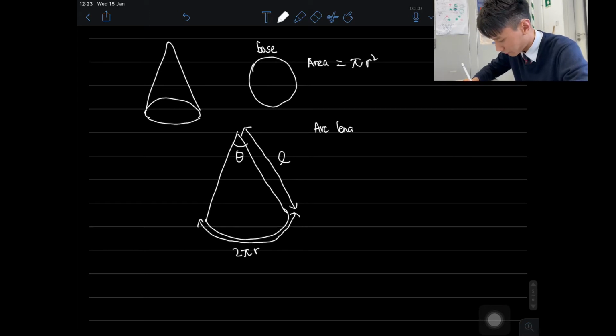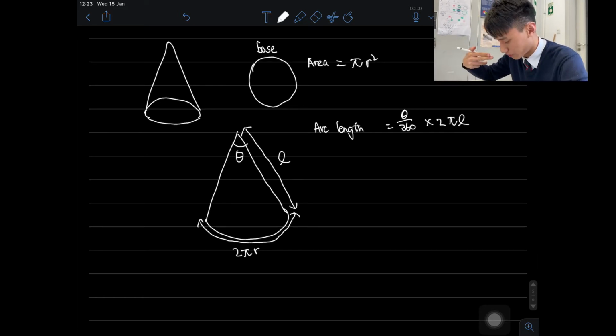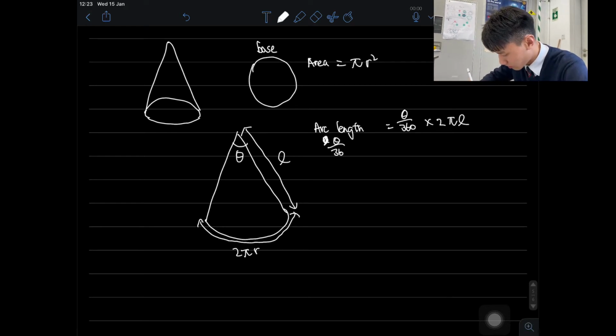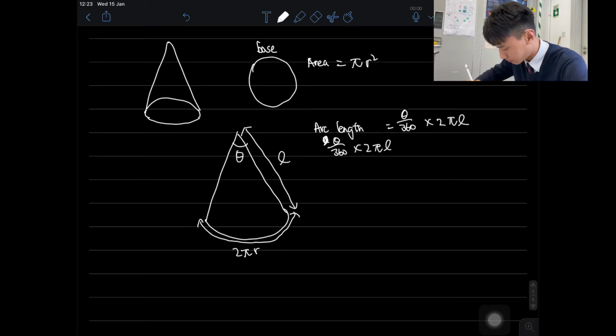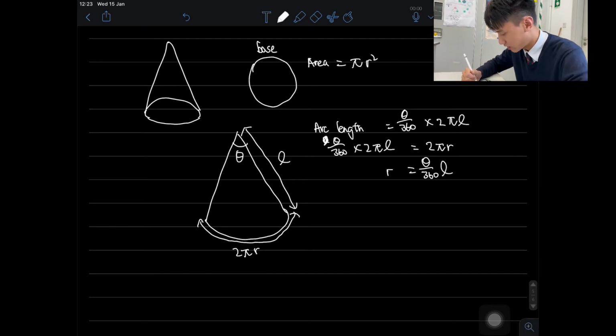The arc length we know equals theta over 360 times 2 pi L. And since the arc length is also equivalent to the circumference of the base, we can deduce that theta over 360 times 2 pi L equals 2 pi r. And hence we can deduce that r equals theta over 360 times L.